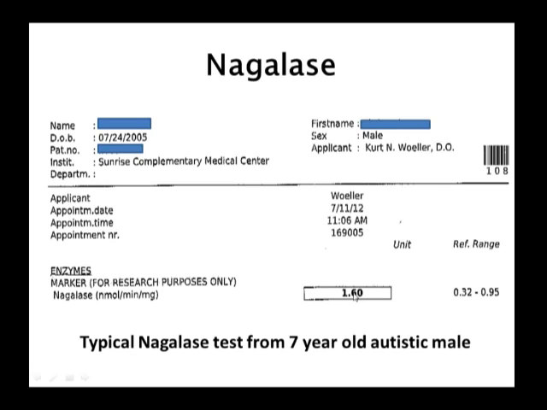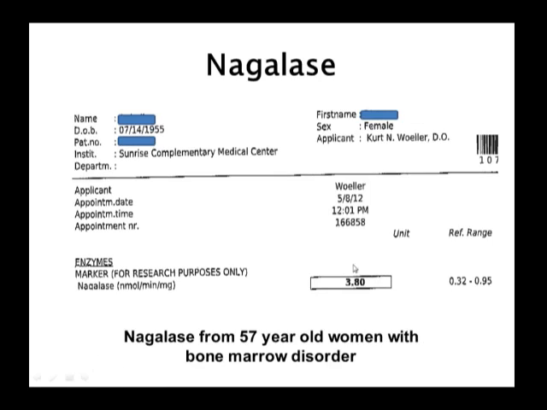What we're typically seeing with kids, at least what I'm seeing, with kids on the autism spectrum is a level between 1.10 to 1.80. Some of the other adult patients with other types of disorders tend to have a lot higher levels. This particular patient who had a bone marrow disorder that is essentially pre-leukemic had a level of 3.80.